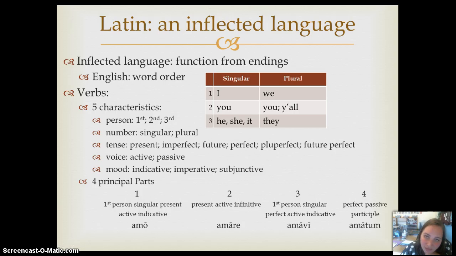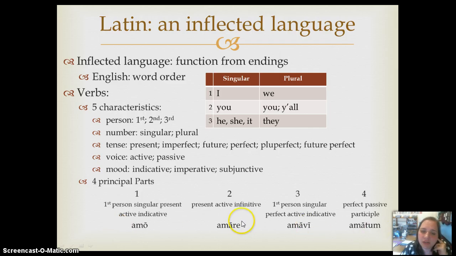Most Latin verbs will have 4 principal parts. And these 4 principal parts will give you all the information you need to fully conjugate a verb. I'm giving you the example from the verb amo, I love. So the 4 principal parts of amo are amo, amare, amavi, amatum.